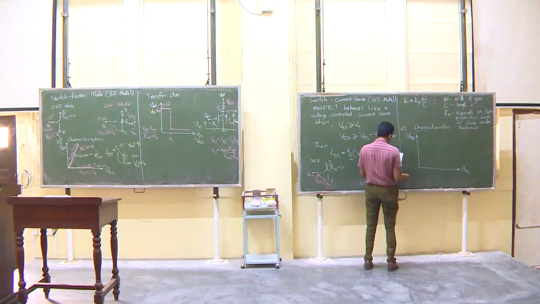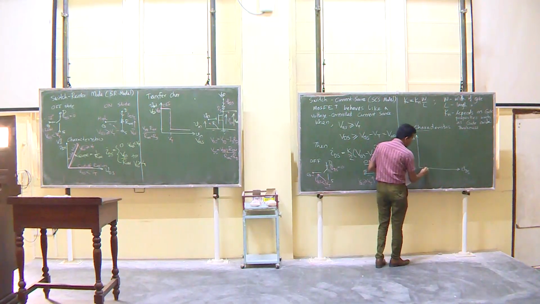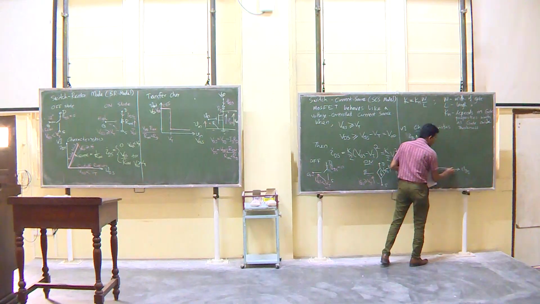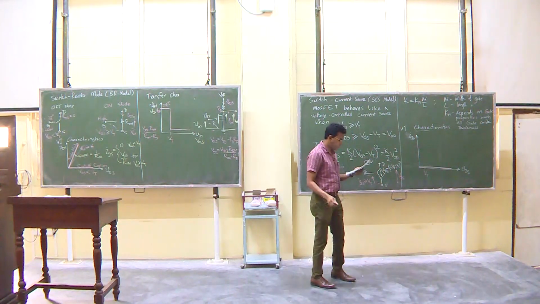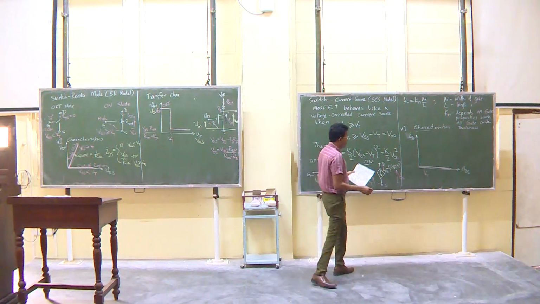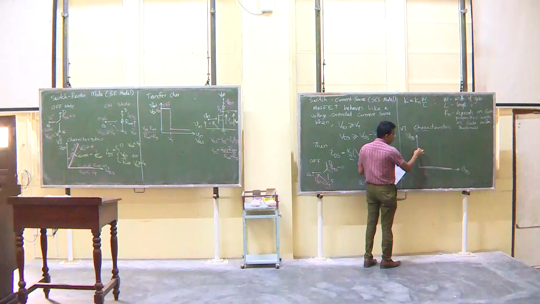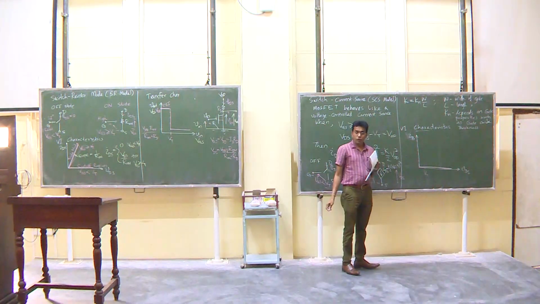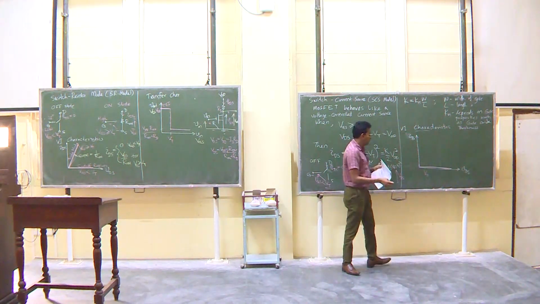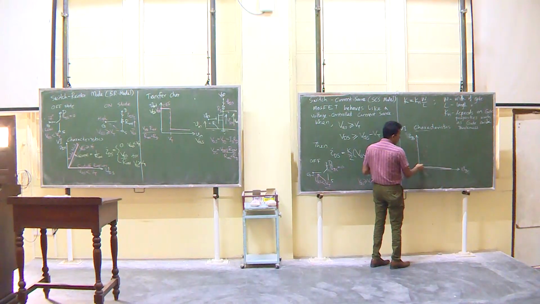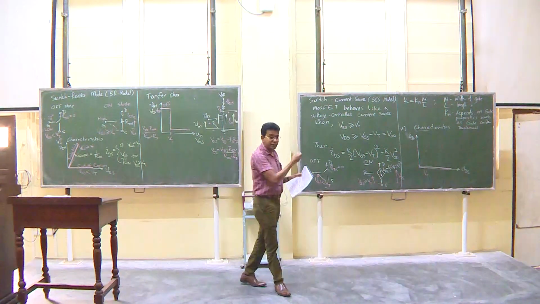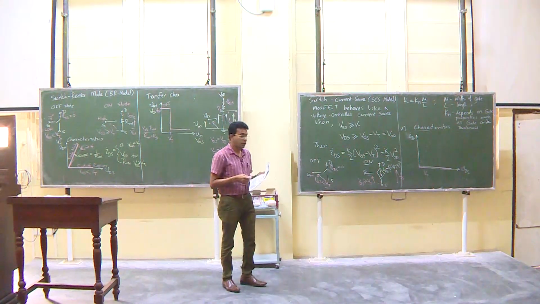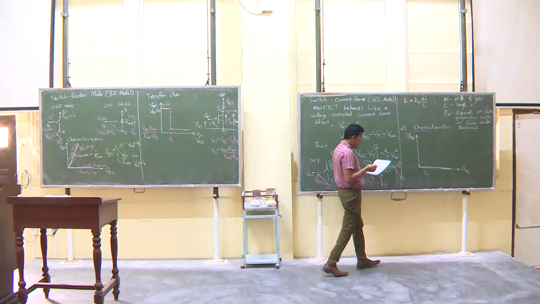Earlier, in the switch mode, we had something like this, on off mode, and for the switch resistor mode you had something like this, but for this one it's slightly different.